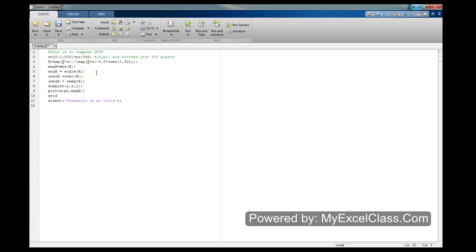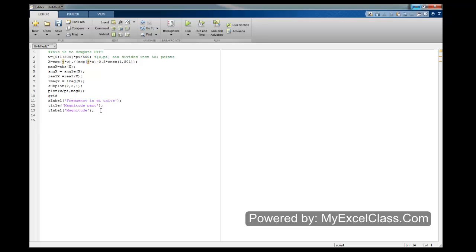Okay, and title: magnitude part. Okay, Y label: magnitude. Oh, two commas in there.